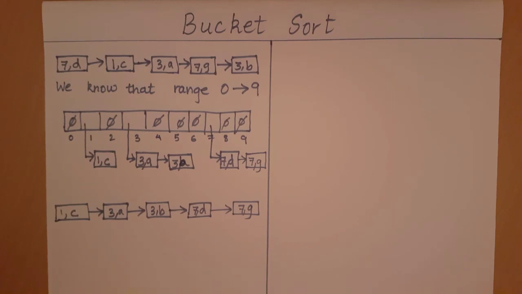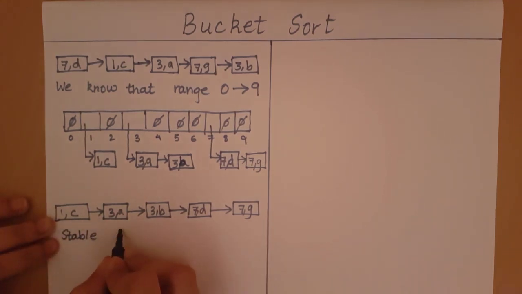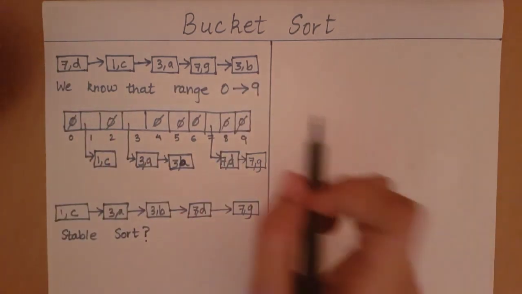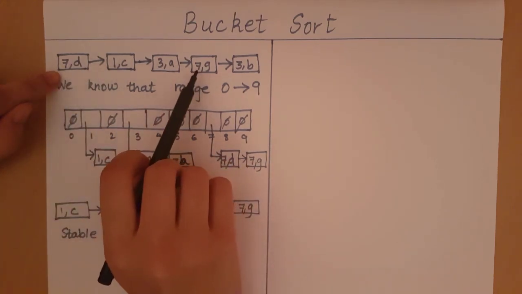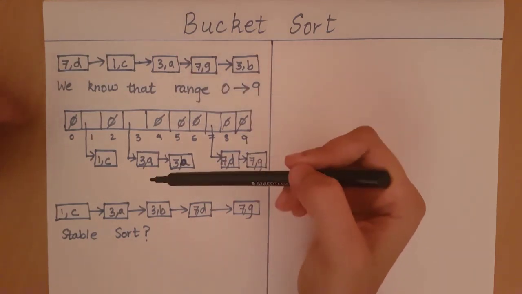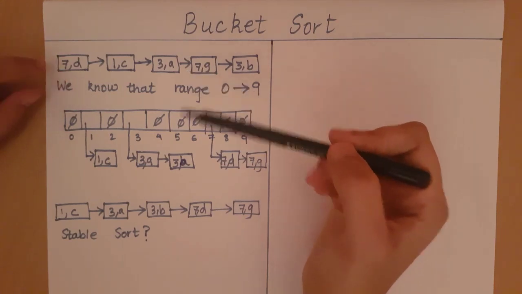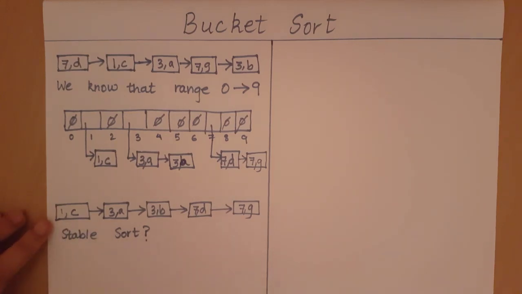Now, this bucket sort is called a stable sort. Why is it called a stable sort? Because when you have a series of tuples and you have two tuples of the same key, that is, both of these having 7 here, so two tuples having the same key with which we are sorting, in that case, the tuple which we encounter first in the original list will remain the tuple we encounter first in the secondary list.